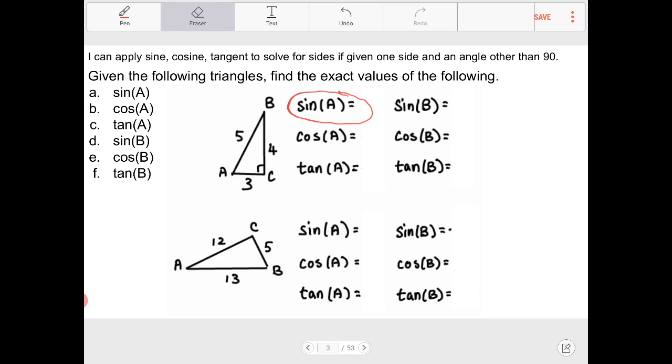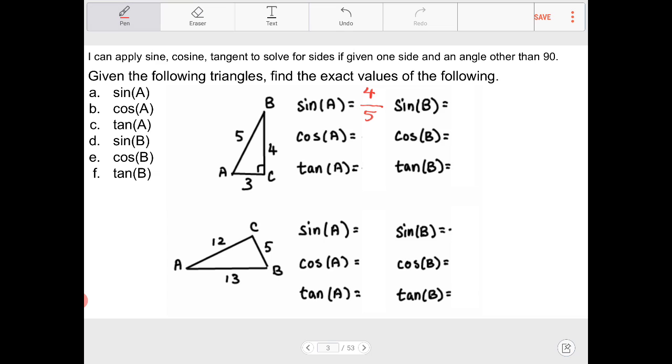So what ratio of sides are we referring to? We're referring to the side that's opposite of angle A divided by the hypotenuse. So what exactly is that? Well, I immediately see the side opposite of angle A is side 4. And the hypotenuse, that's along the side of the right triangle, is going to be 5.